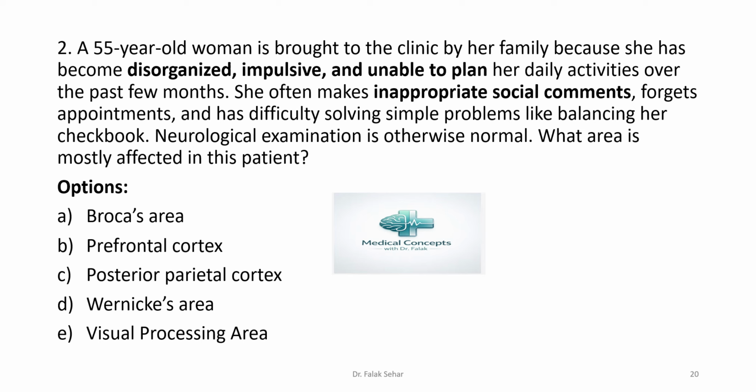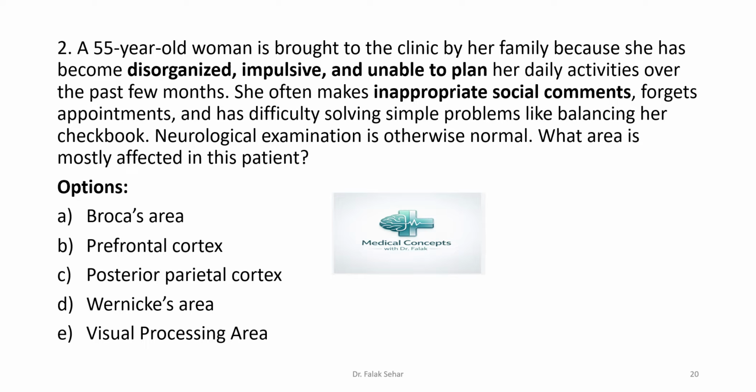Just take an example of Broca's area. It is associated with motor speech production, so this is not the thing. Then comes the posterior parietal cortex. It is associated with spatial neglect, meaning the position of our body with respect to the surroundings. So this is not the case.